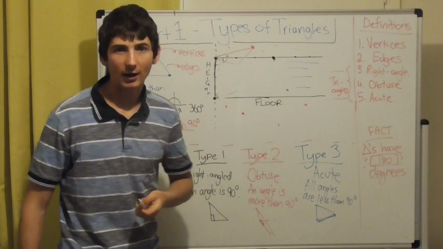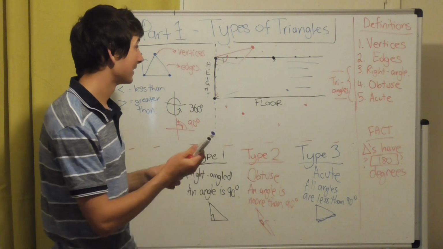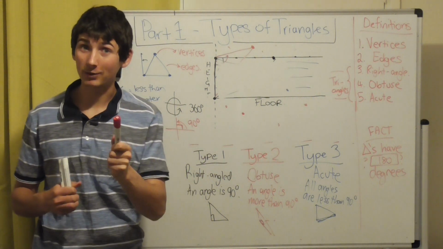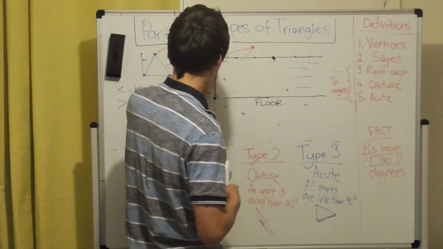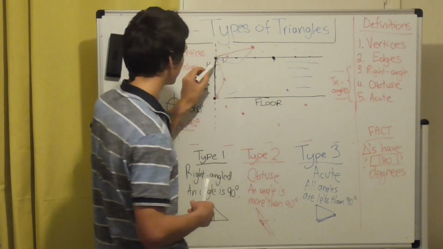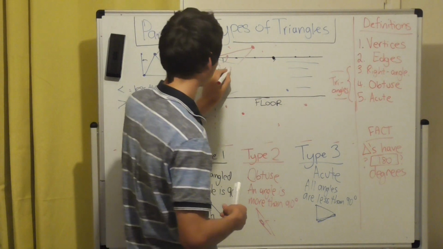I will get an acute triangle, except, now this is interesting, and this is what part 2 is going to be about. If I actually drew a point down here, then just like before, these angles here are going to be less than 90.